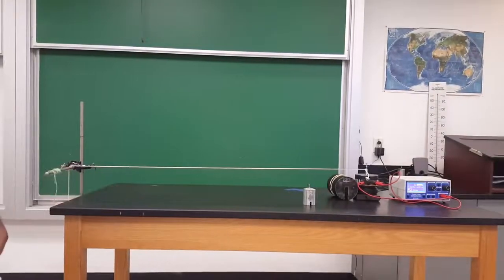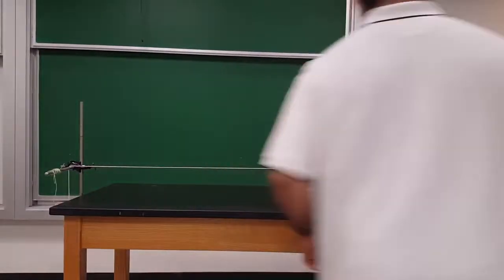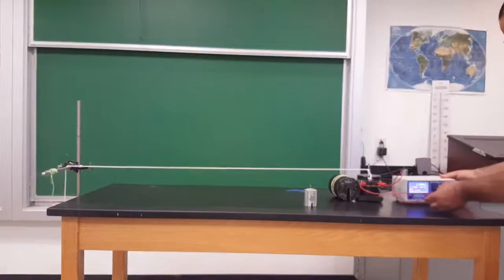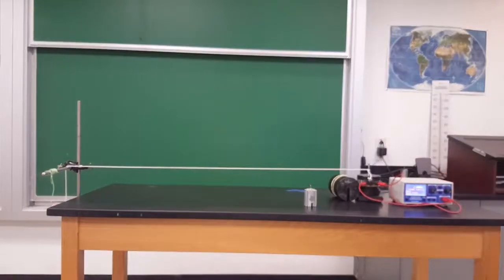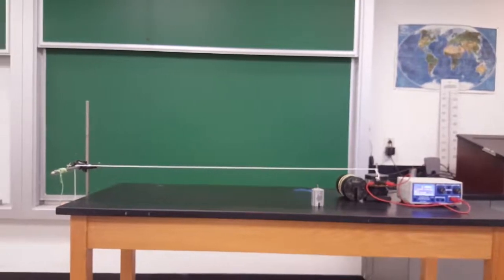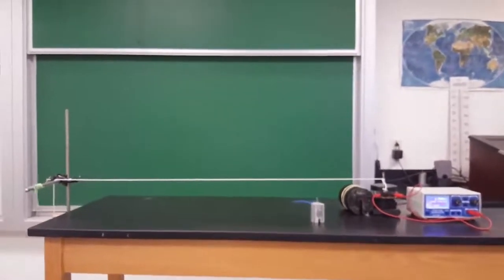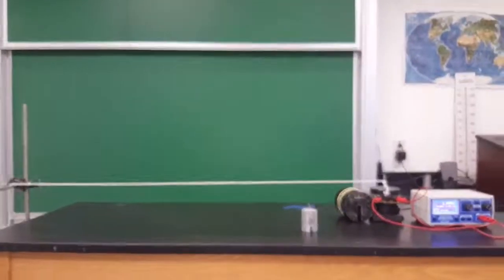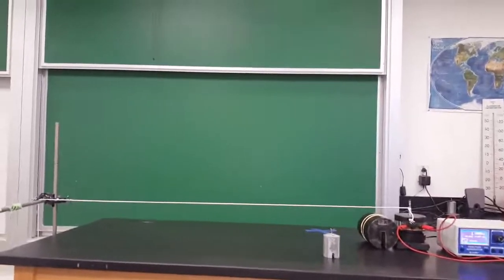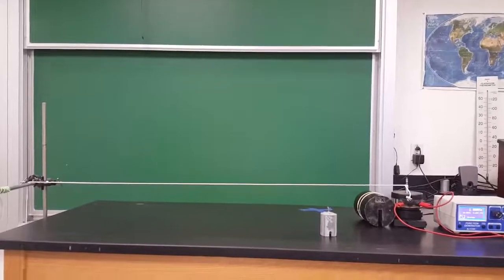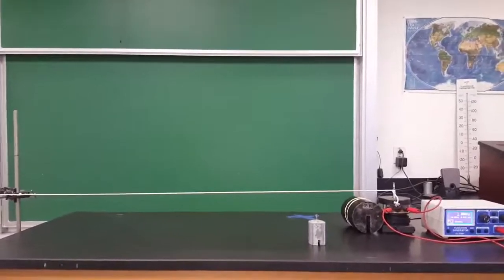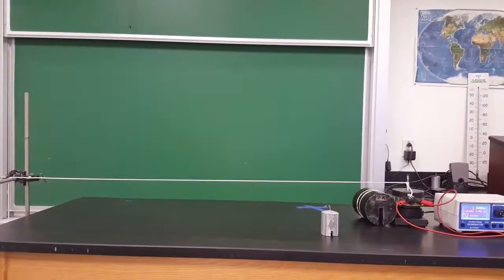So let me just show you what happens. Here, let me just look on the camera if it's clear or not. I don't know if you can see the numbers. Let me zoom, let me get closer. It says 1.